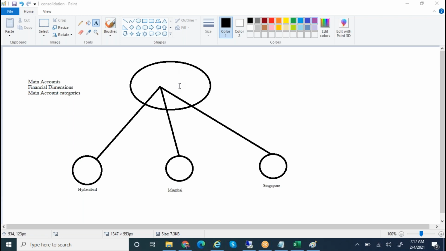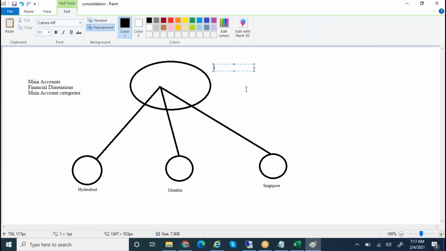Those things we cannot post here. While creating a company, there is a consolidation checkbox. If you enable that checkbox when creating a consolidation company, you cannot post a single transaction. It will only bring the balances, but you cannot post the transaction.